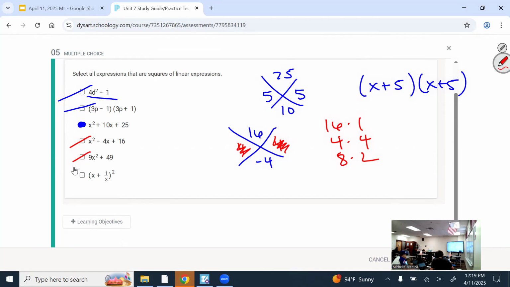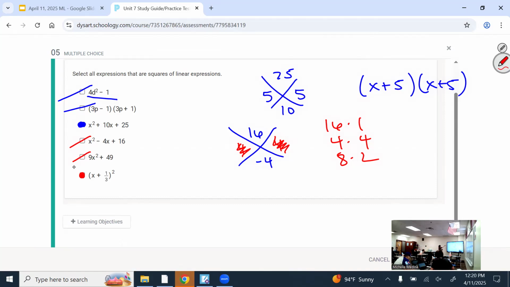Next one, is that a square of a linear expression? It is. It's literally an expression squared. It's in factor form. It's that times itself. Right? So those 2 would be the only answers.